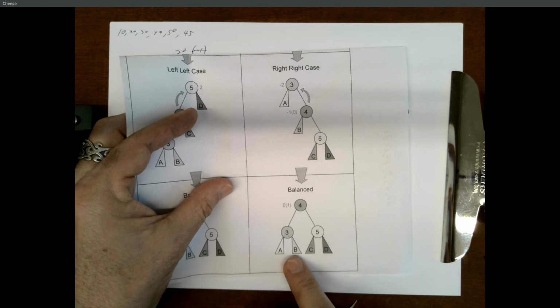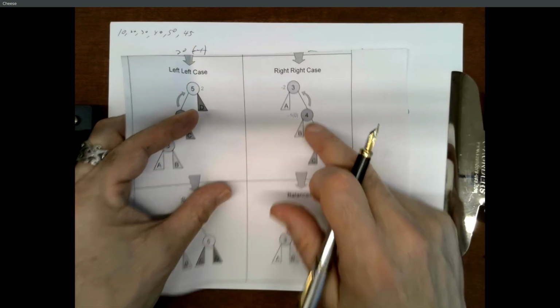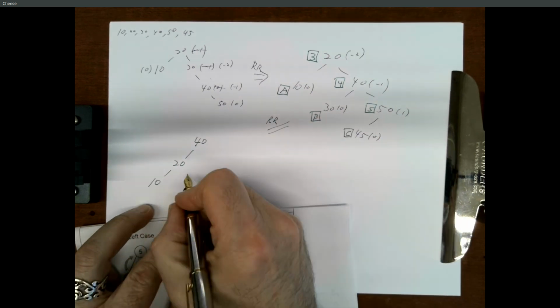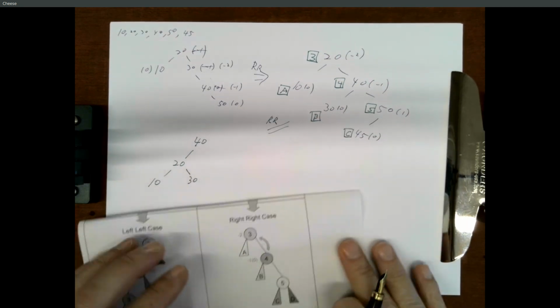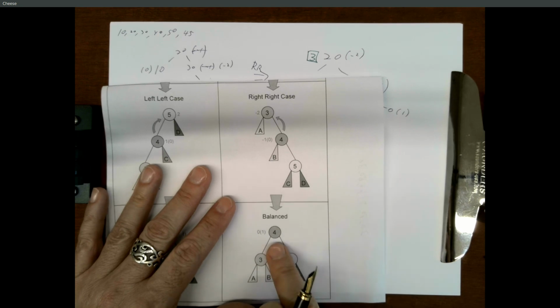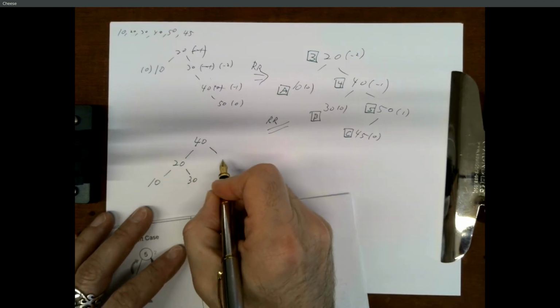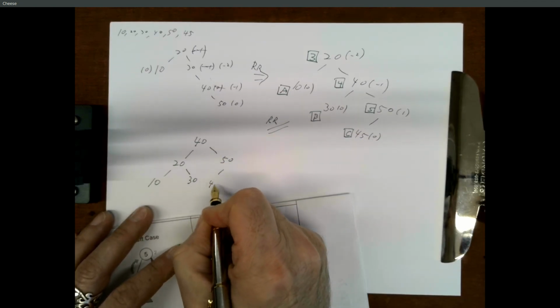But node 3's right child will be whatever B was. So 20's right child will be B, that's going to pick up the 30, which was to the left of 40. And then node 4, that's the 40, its right child is still going to be whatever it was, that's the 50 and the 45. And that's a nicely balanced tree.